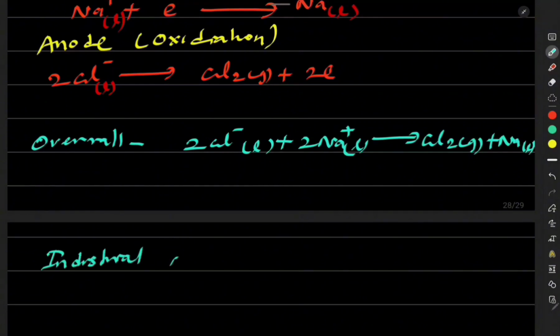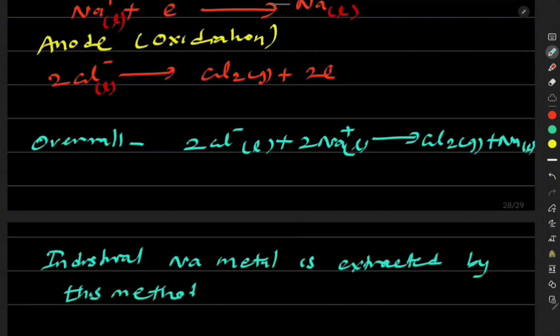Industrial sodium metal is extracted by this method. They call this a Downs cell.